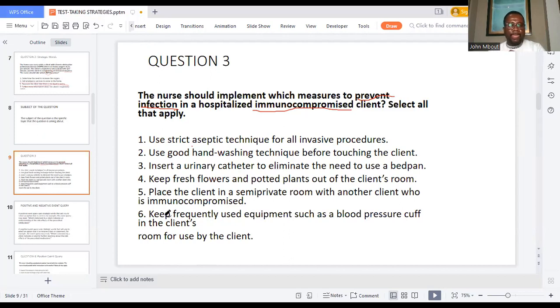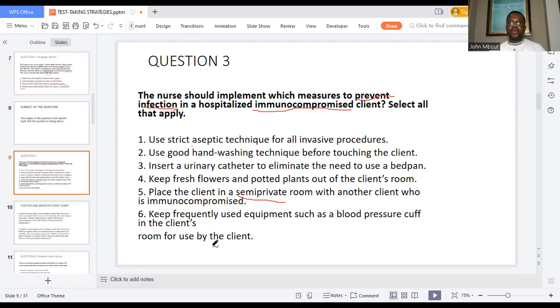Okay. Place the client in a semi-private room with another client who is immunocompromised. Semi-private. After this, go and read on infection prevention for immunocompromised clients, okay? Keep frequently used equipment such as blood pressure cuff in the client's room.